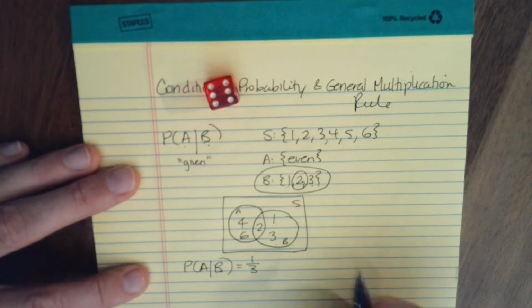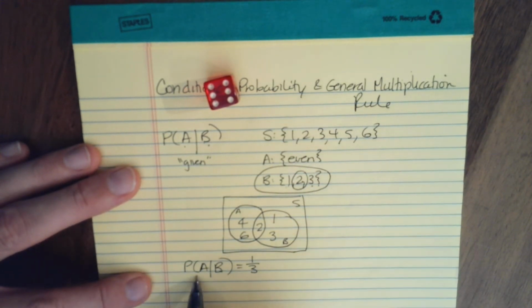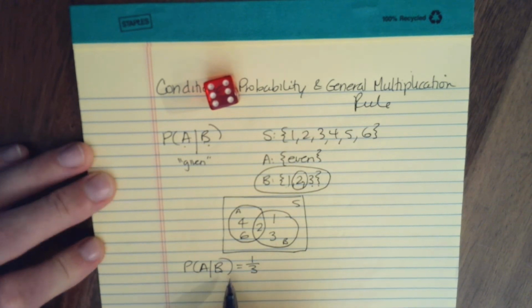This gives us an idea of how we might have a rule to compute, more generally, a conditional probability.